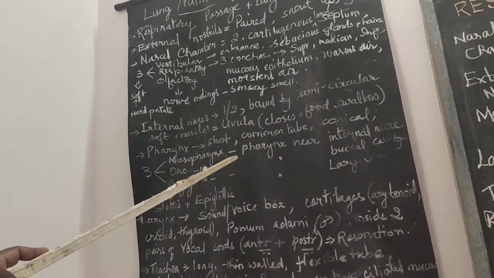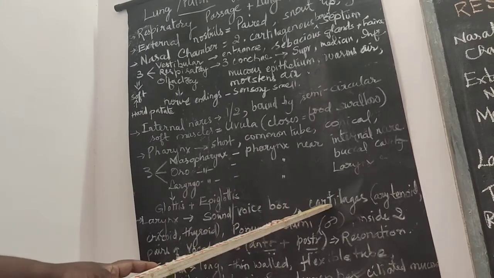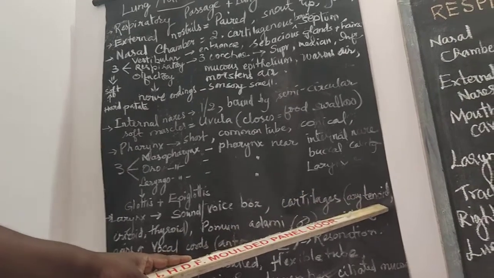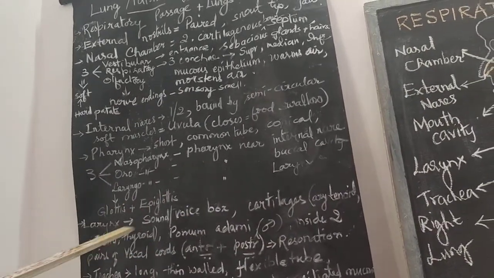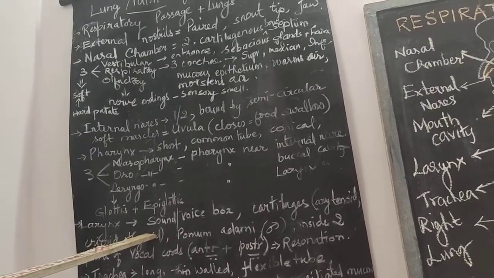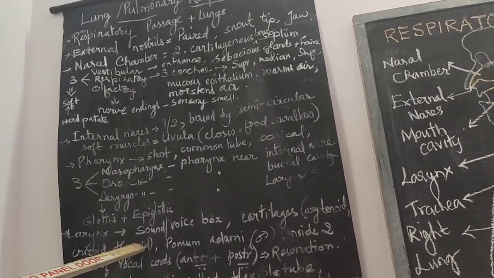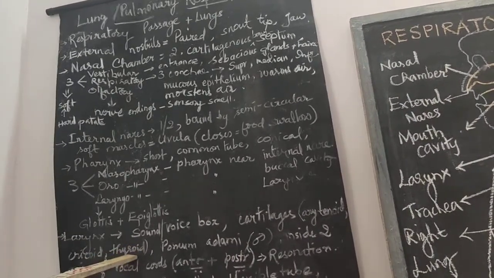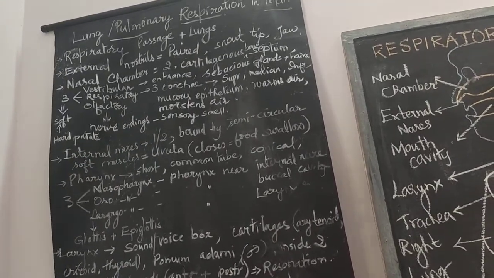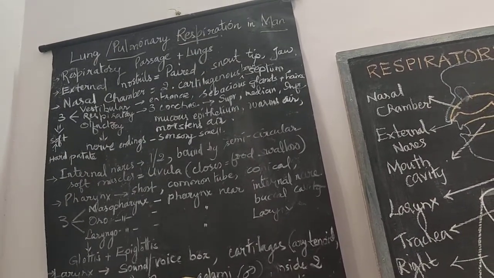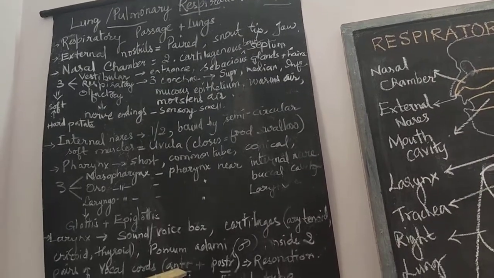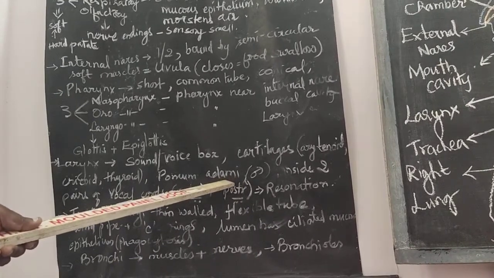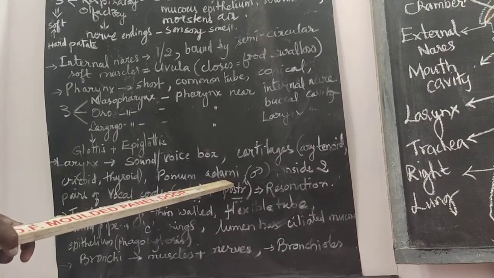It is externally covered with muscles and cartilages. The cartilages in mammals include arytenoid cartilage, cricoid cartilage, thyroid cartilage, etc. In man, that is male human beings, we find the thyroid cartilage of both sides joins ventrally to have a protrusion near the throat, and this protrusion is called pomum adami, also commonly called Adam's apple.